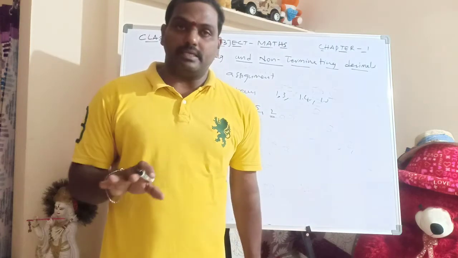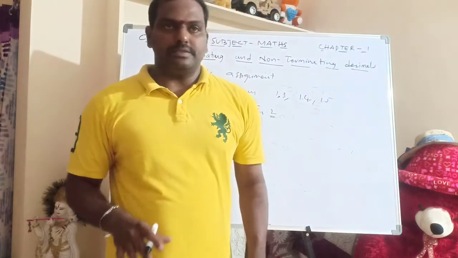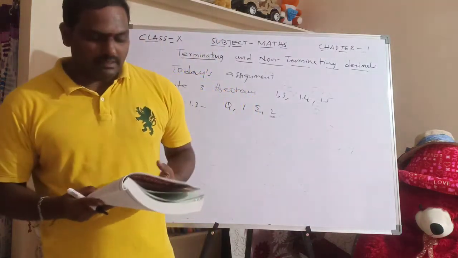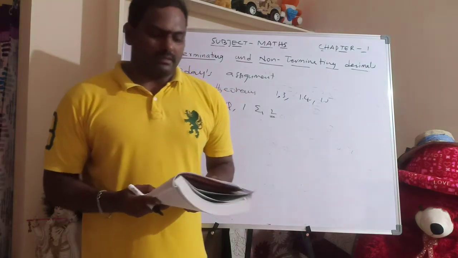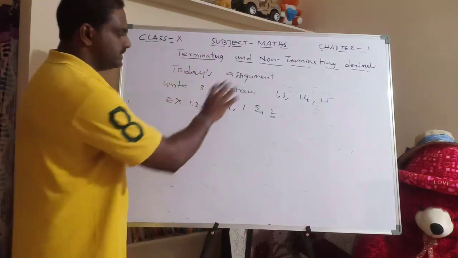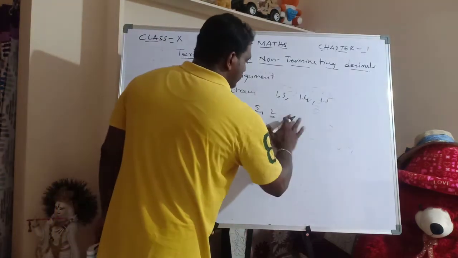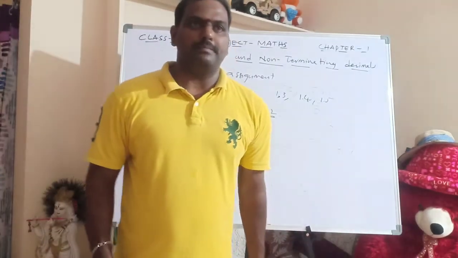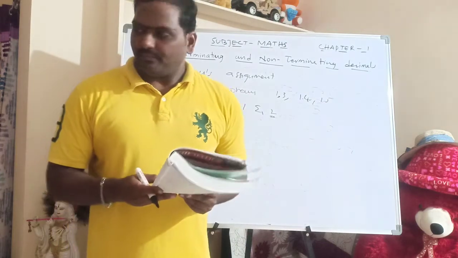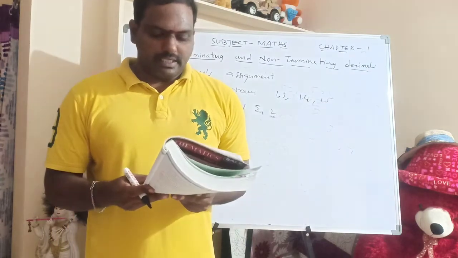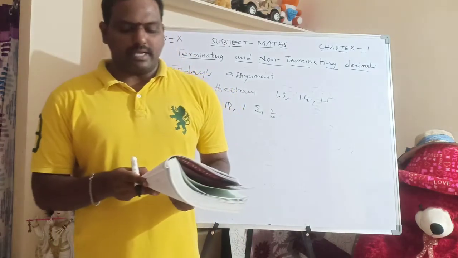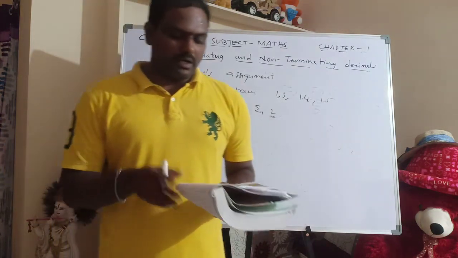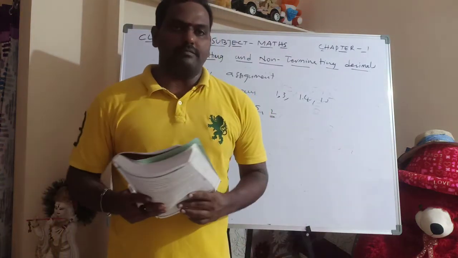Here it is not mentioned, so we have to do it with actual division only. And the second one is without performing division. The first part you have to perform with normal divisions. You have to say whether it is terminating or non-terminating, because it is not mentioned. But in question number 2, without performing the division, state whether the rational numbers will have a terminating decimal form or a non-terminating or repeating decimal form.